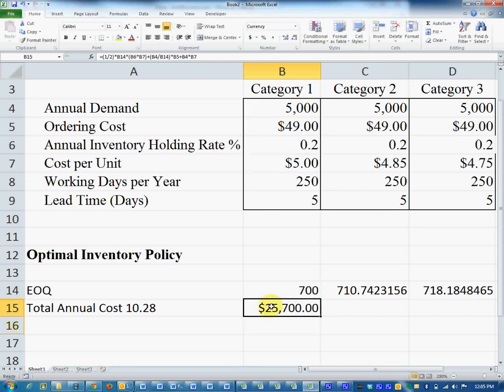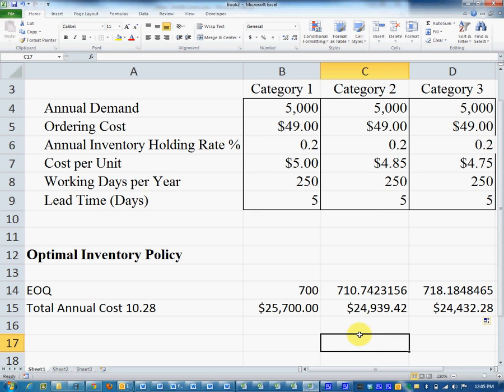Okay, so 25,700, drag that across, and we're looking for the lowest total cost. Anybody see the flaw in our reasoning? Because according to this, we should choose category 3, correct? Lowest cost? The annual demands are the same. Annual demand, does that change or is that the same?